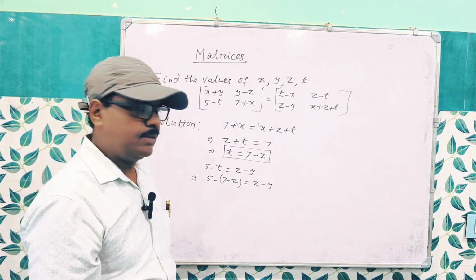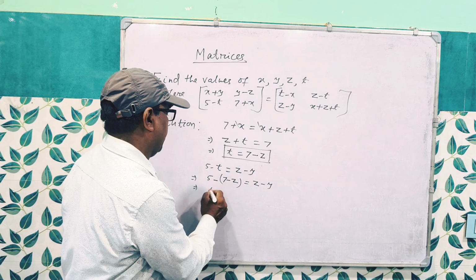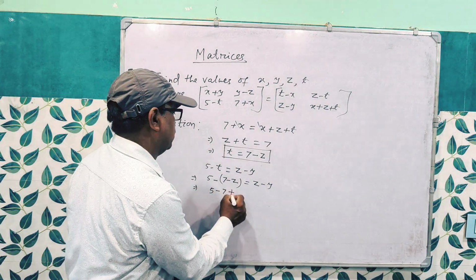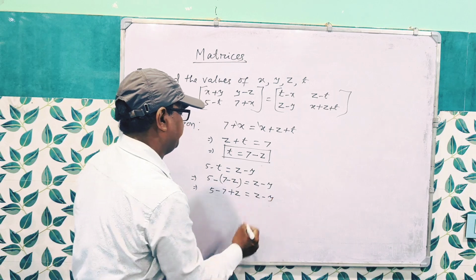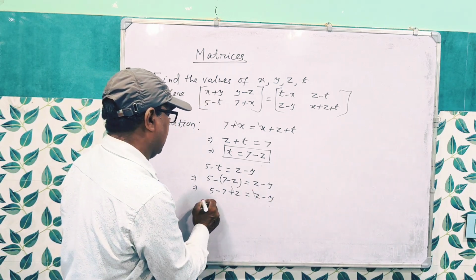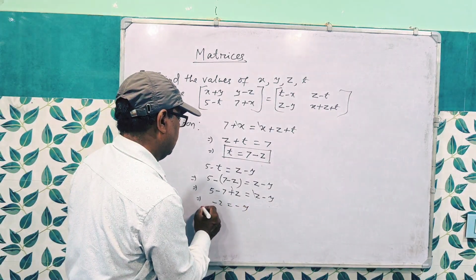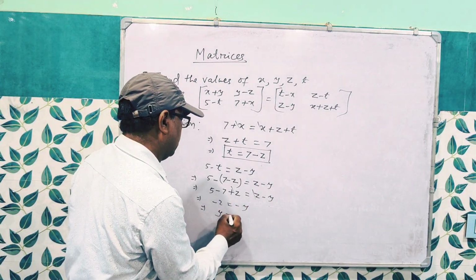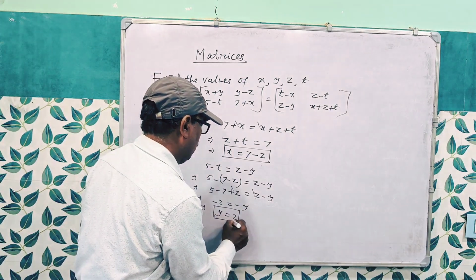Clear? This implies 5 minus 7 plus z is equal to z minus y. By cancelling z, we have minus 2 is equal to minus y. This implies y is equal to 2. We have got y is equal to 2.